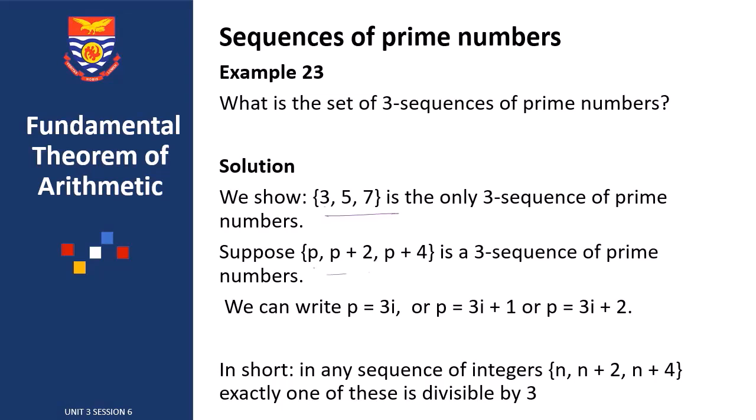We are assuming that these are the only three in sequence. Then we can write the sequence as 3i, or 3i plus 1, or 3i plus 2. In short, for any sequence of integers n, n plus 2, n plus 4, exactly one of these is divisible by 3, and that describes the sequence of prime numbers.